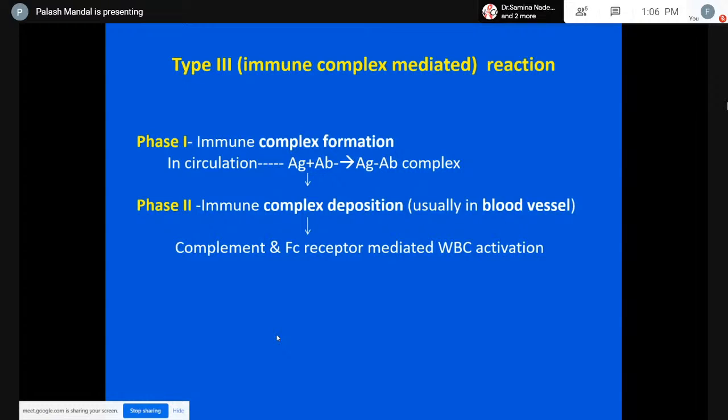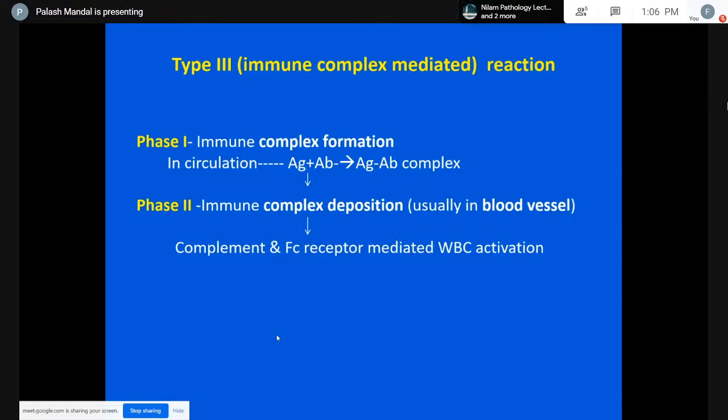Am I clear? Next phase, what happens? This antigen antibody complex, which is also known as the immune complex, gets deposited in some place. Where is the place? It is the blood vessel, the inner wall or the intima of the blood vessel. Which blood vessel? The narrow blood vessels, not the thick, bigger arteries. Where are the narrow blood vessels? Suppose the glomerulus, the kidneys, the brain.